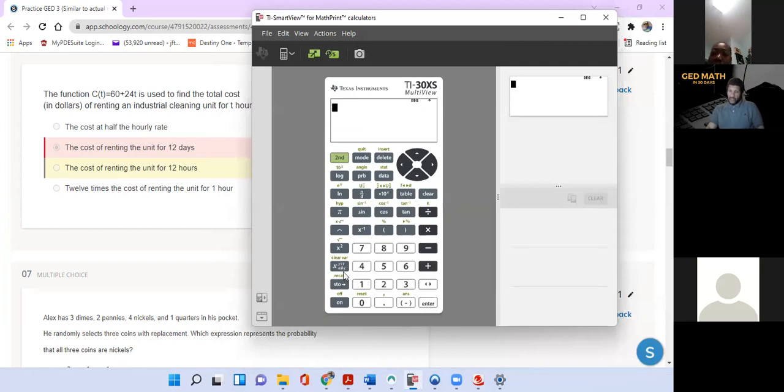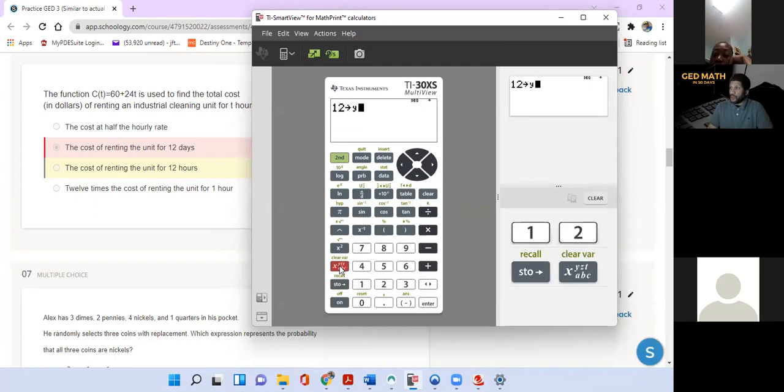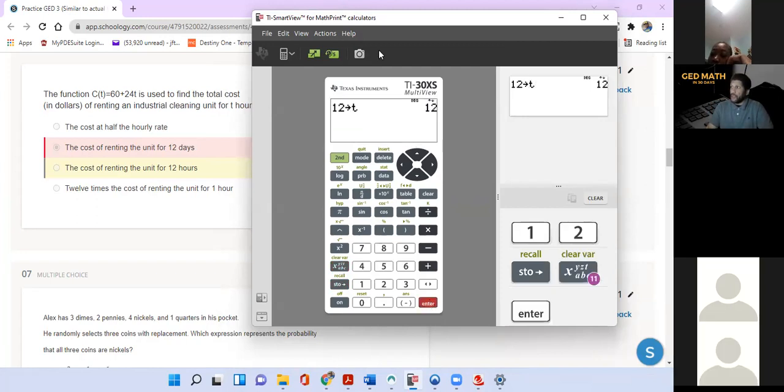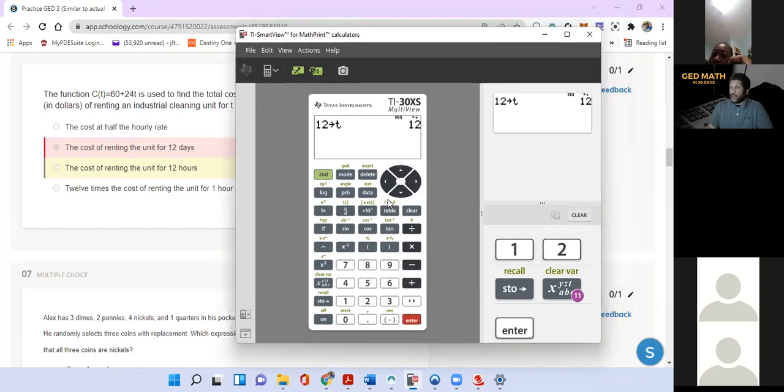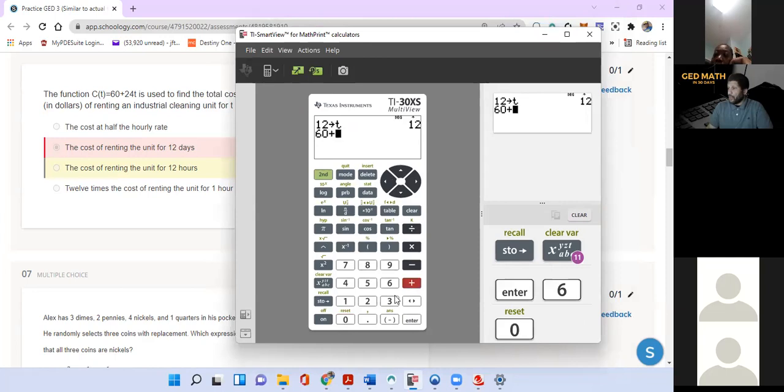On your calculator, there are only certain variables you can use: X, Y, and Z, A, B, and C, and the variable t. So what you can do here is say 12 store t. Oops, I just went past t. And then plug that expression into your calculator: 60 plus 24t.